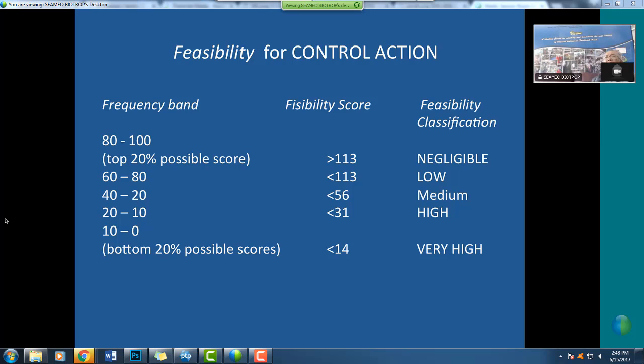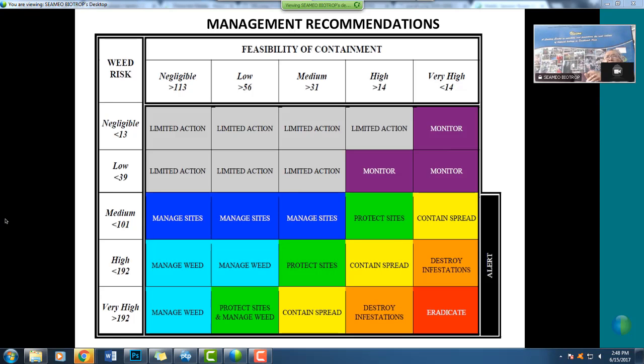Next slide. So then we develop a matrix like this. On the vertical section we have weed risk, and on the horizontal line we have feasibility of containment, feasibility of control.